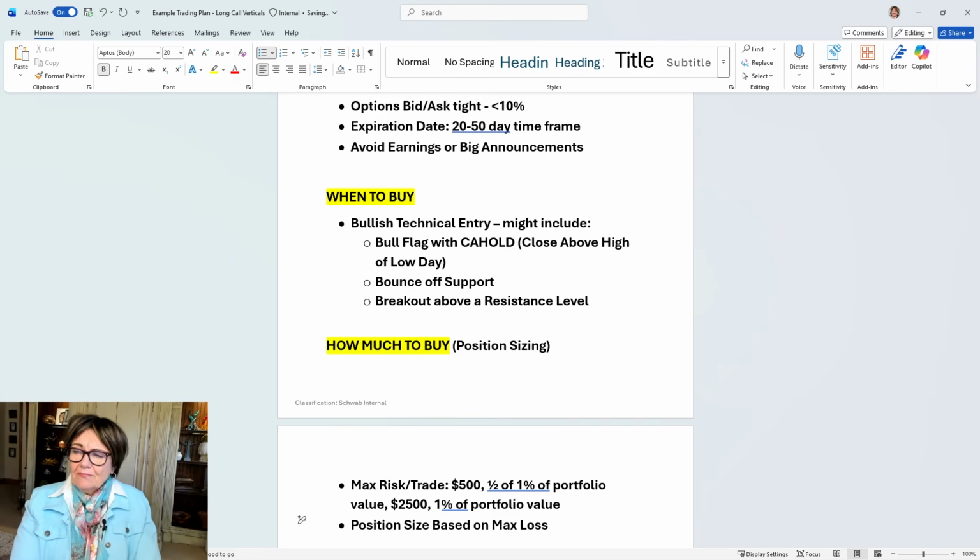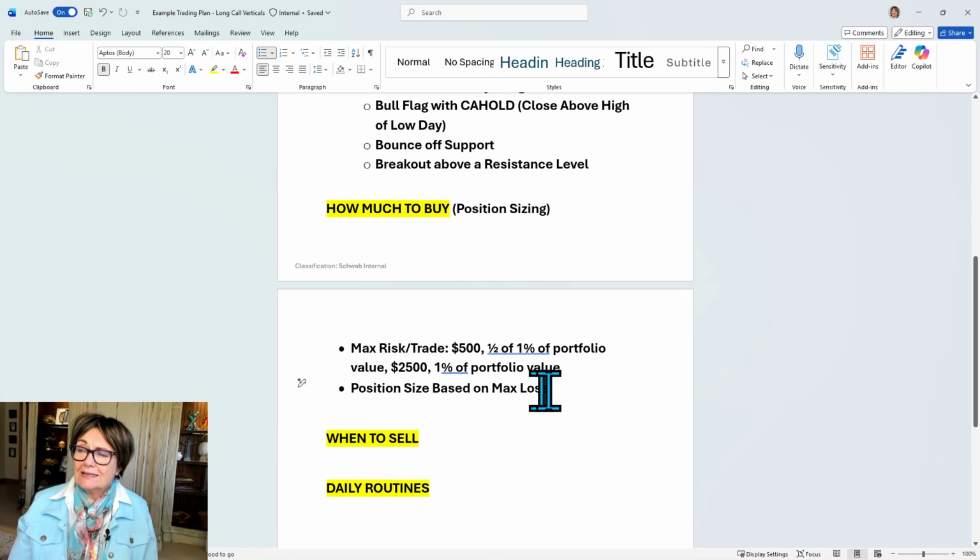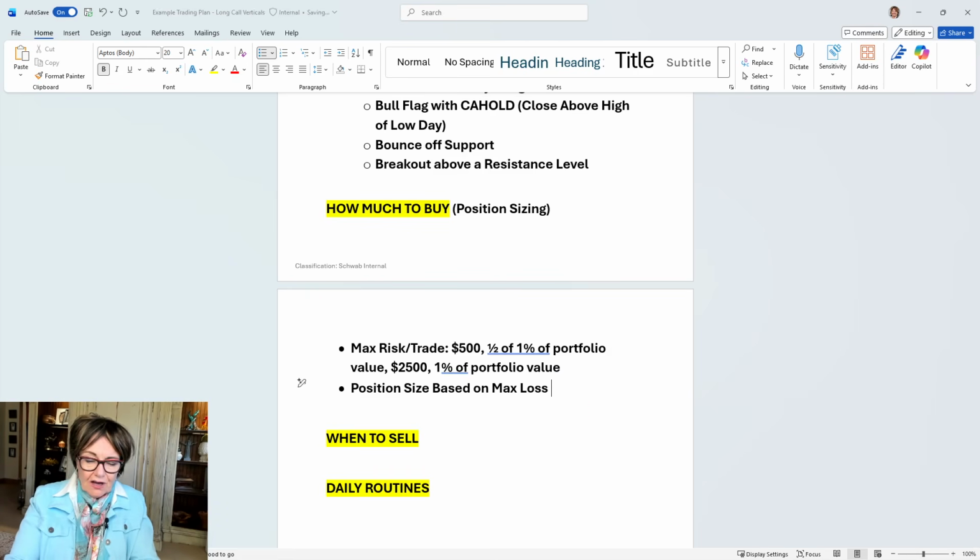And our position size, we may also say we're going to base that on max loss. And by that, I mean that when we go to the next section on when to exit, let's say we're going to exit if we have a 50% loss, but we could have 100% loss. So if we base on the max loss of 100%, even though we intend to get out with a 50% max loss, it's just more conservative.